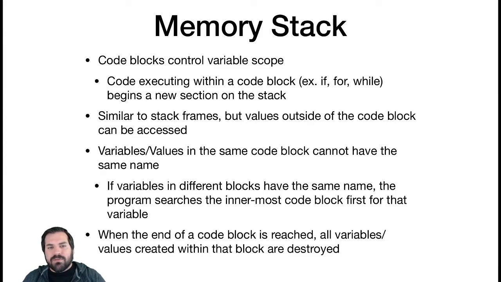But any duplicate variable names are going to be looked for inside of that block before searching outside of that block, and we'll never search outside of the stack frame. Any variables that were declared inside of a code block, once you hit the end of that block, those variables are going to be destroyed.